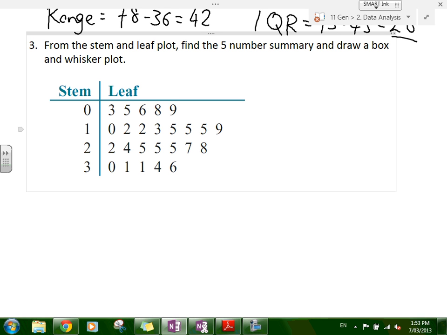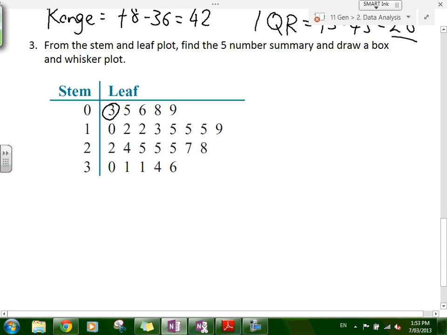What's the low extreme? So that's the low extreme here. What is the first quartile? Well, median is easiest first. So 1, 2, 3, 4, 5, 6, 7, 8, 9, 10, 11, 12, 13, 14, 25. So the middle score is the 13th score. 9, 10, 11, 12.